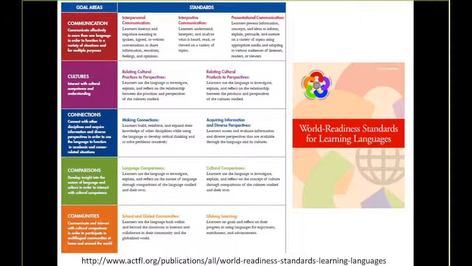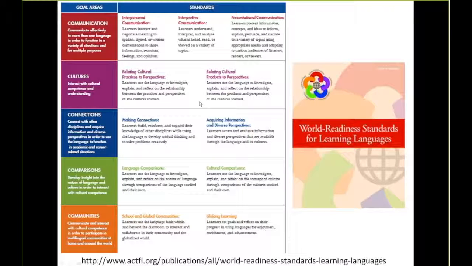One thing I want to point out is that even though culture is listed as only one standard, culture is actually infused in all the others. For example, you can see cultures and comparisons here, and when they talk about communities, it's really community, including community culture as well.